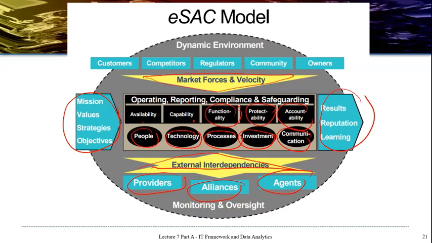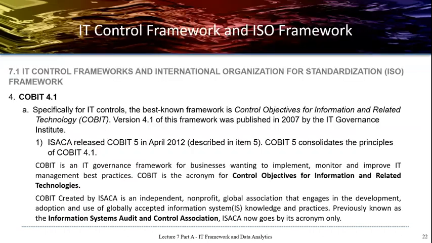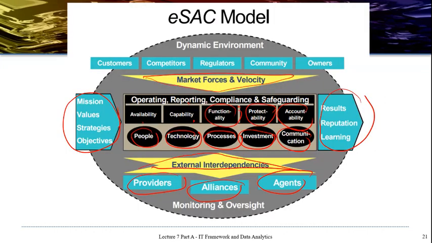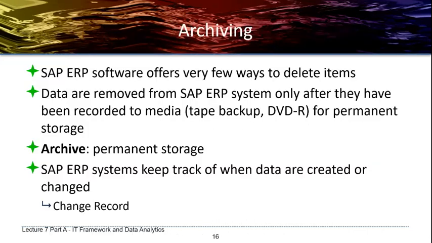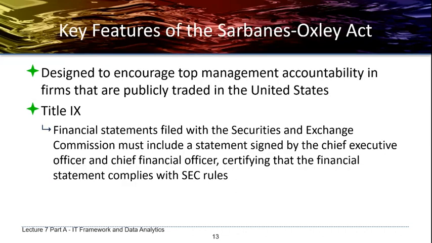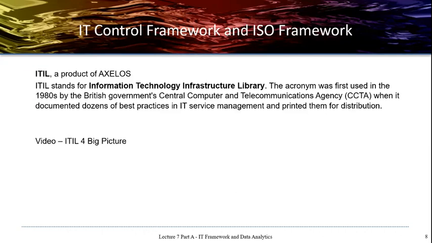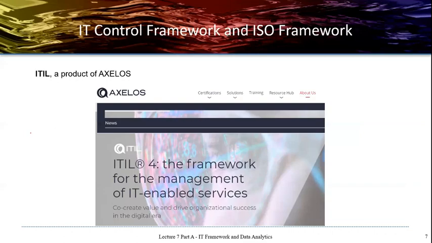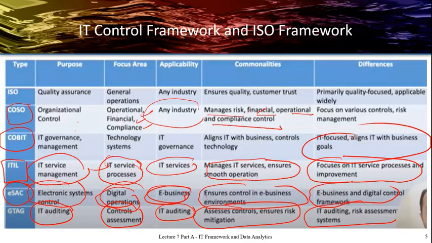Having studied ESAC, now let's go to COBIT. So what is COBIT? The purpose of COBIT is IT governance and management. The focus area is the technology system, not the normal business process, and not the documentation.